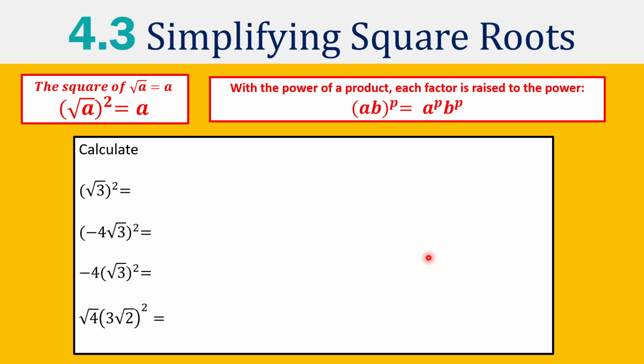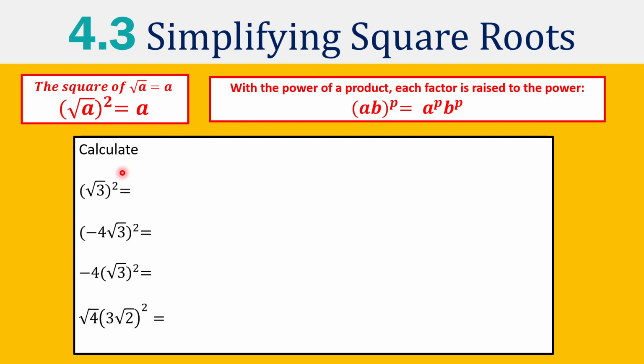Let's see how I can apply this new theory in combination with a theory from chapter 1, which was about the power of products. We're not going to work with letters in all exercises. Remember that letters can also sometimes just be numbers, or a combination of a number and a square root of a number.